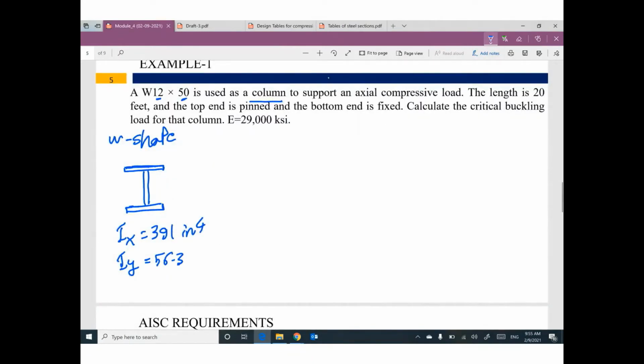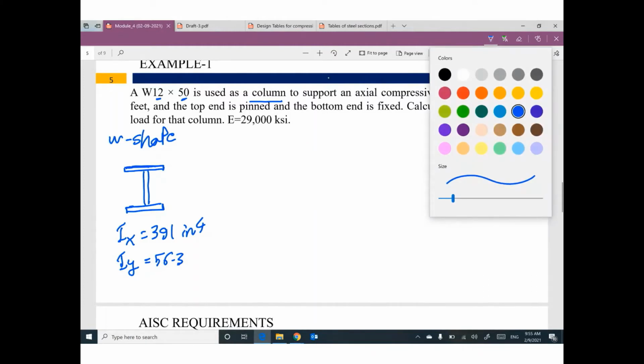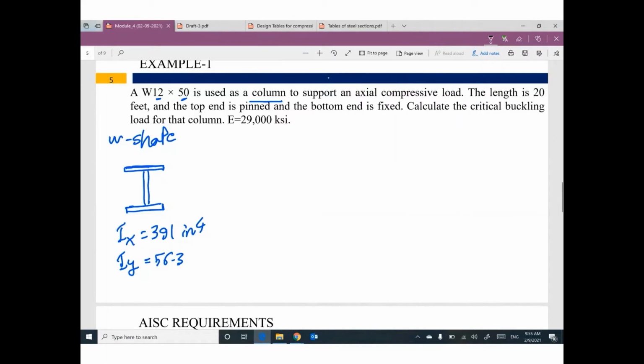Which value am I going to use for buckling, or for P critical? I'm going to use the smallest value. So I equals the minimum value of Ix and Iy, which is 56.3 inch to the power 4. This member has a length equal to 20 feet. So L equals 20 feet.